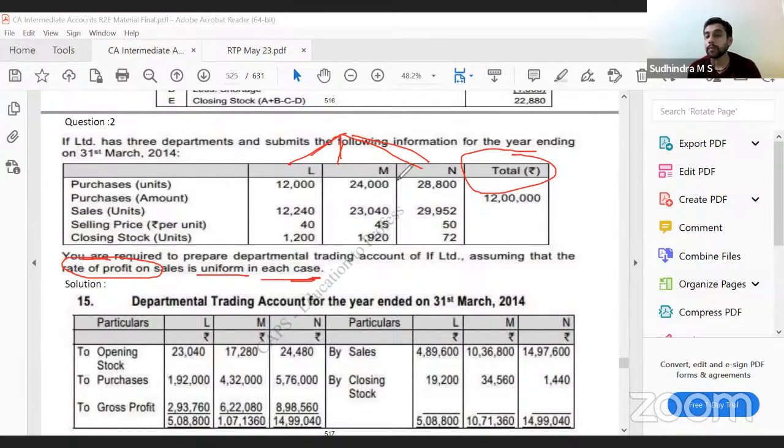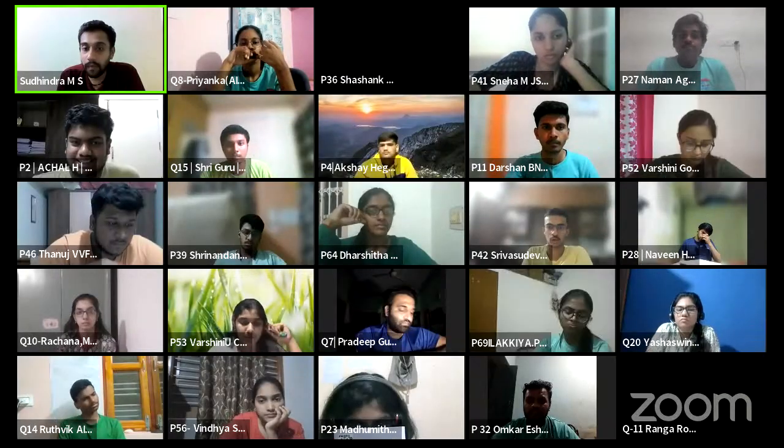Obviously not the amount, gross profit percentage. So if I find out the GP percentage of the total, I can say that GP percentage of LMN is the same GP percentage. Yes, sir, using that only we can proceed with the solution.